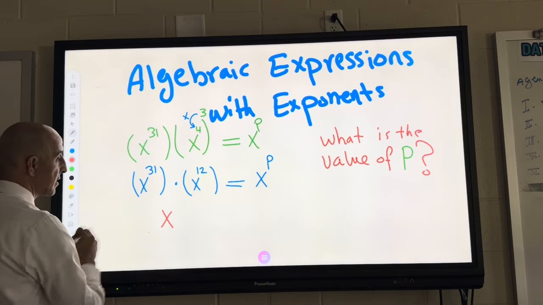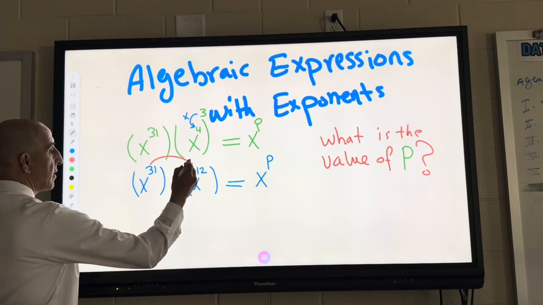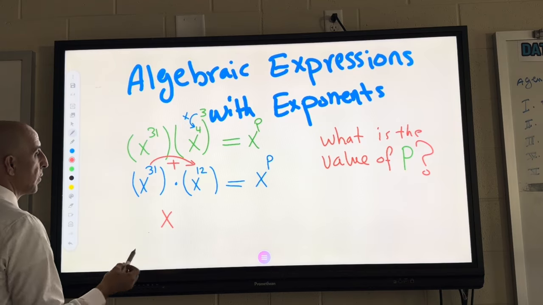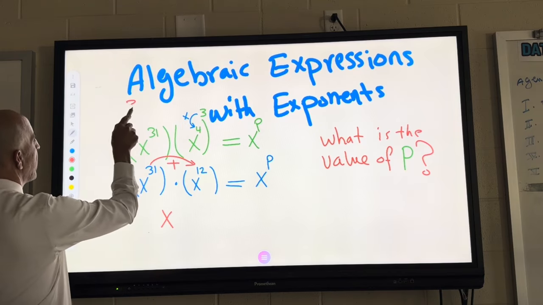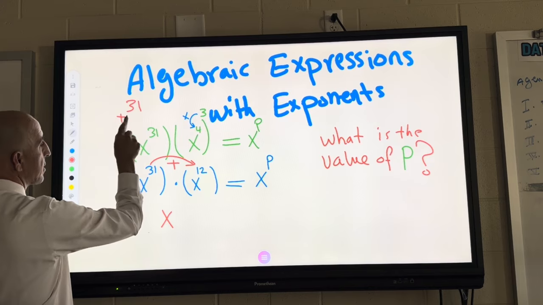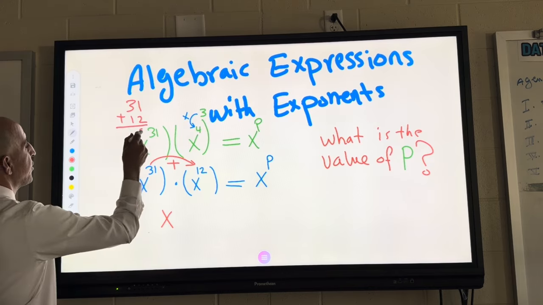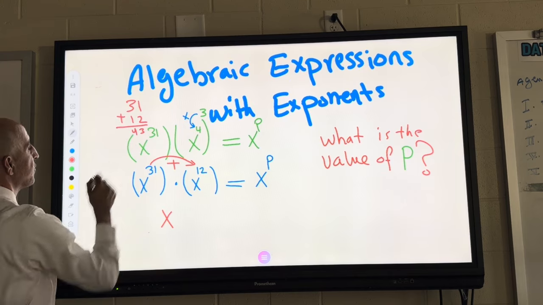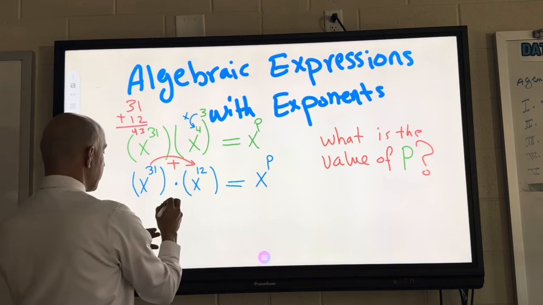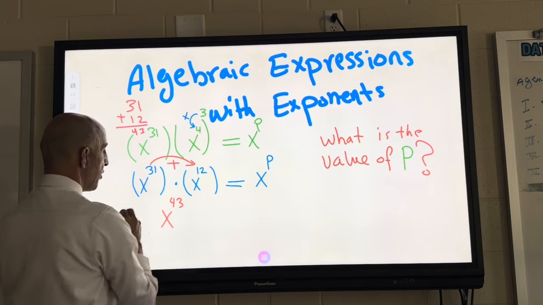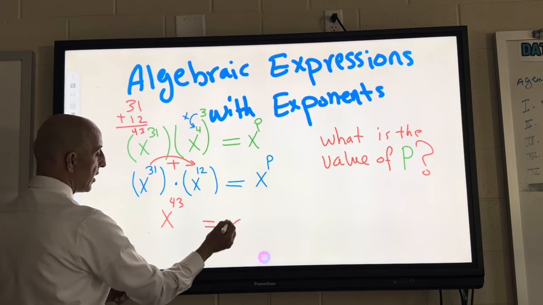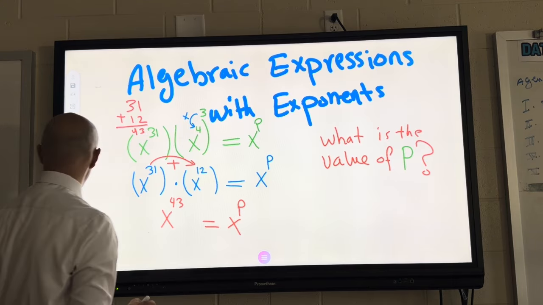Then we need to add 31 with the 12 as follows. So we have 31 plus 12: 1 plus 2 is 3, 3 plus 1 is 4. So the answer will be x to the power 43 equal to x to the power p.